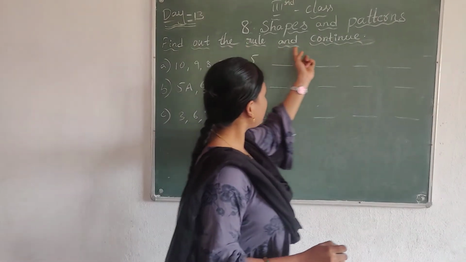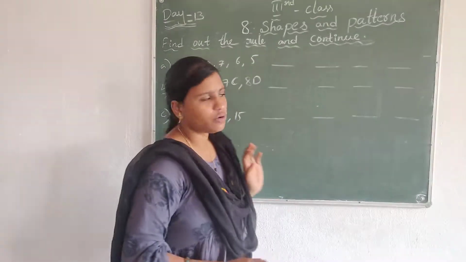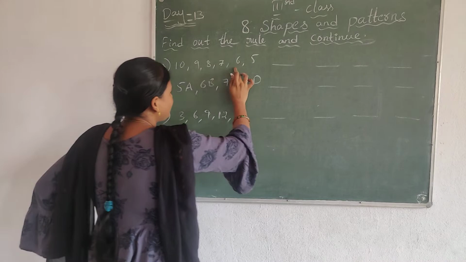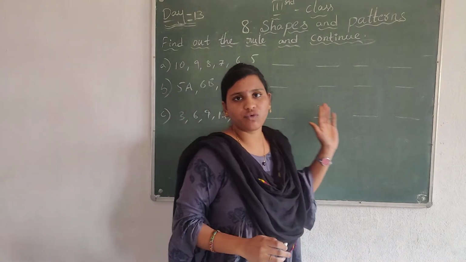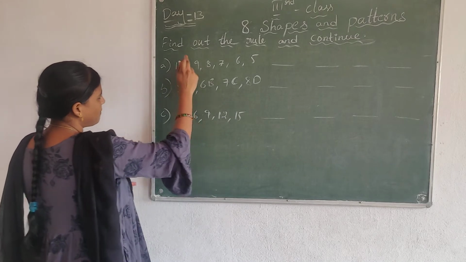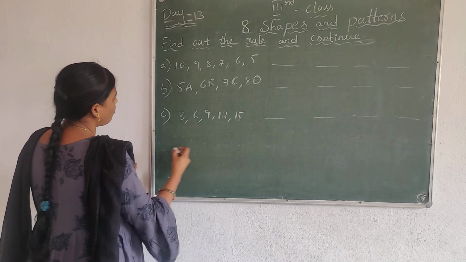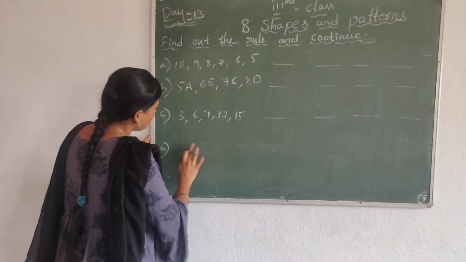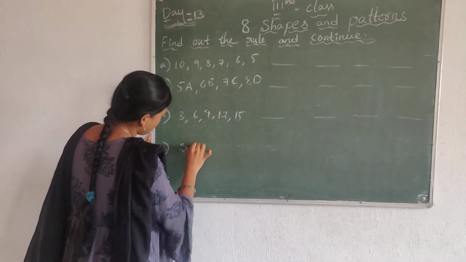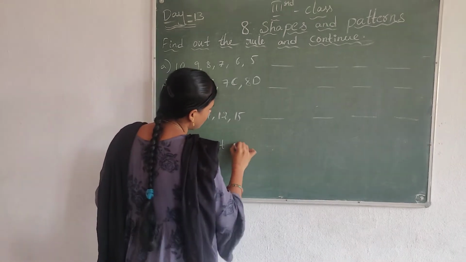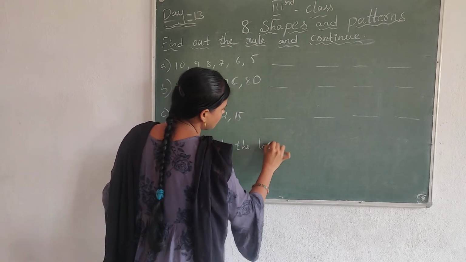See, all of you, this one. Find out the rule and continue. Finding the rule means first see 10, 9, 8, 7, 6, 5. So the numbers are decreasing from 10. That means the rule is subtract 1 from the last term.